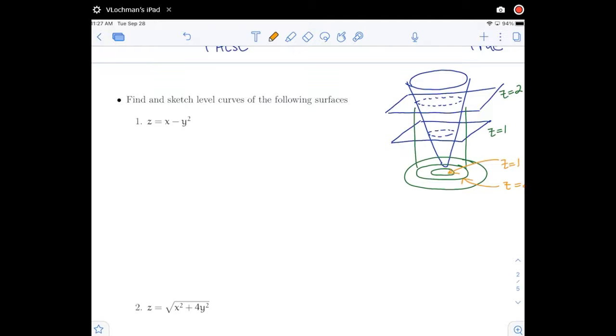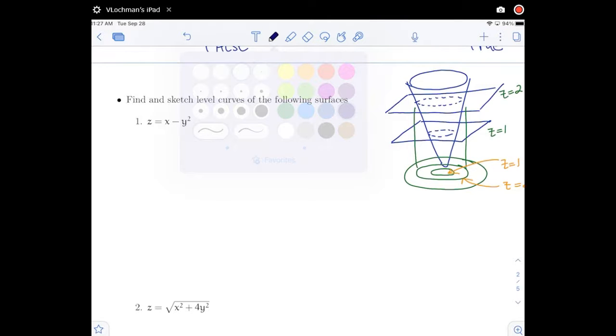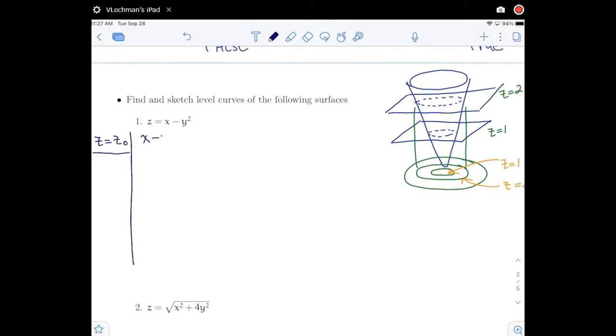Okay, and the idea is that we're going to come up with a quick table of values, and these are usually up to you. Decide what these values are. So z is equal to some value. So z naught just represents a set number. Okay, and then we're going to set our equation to that value.